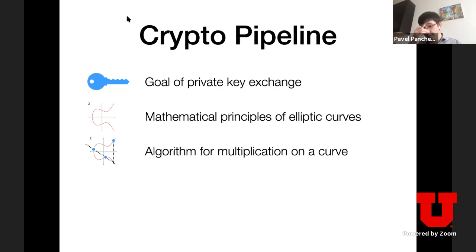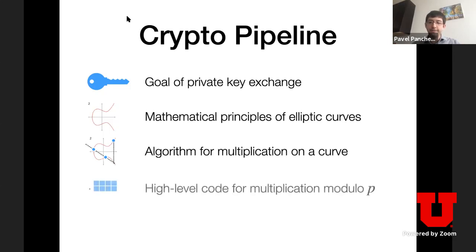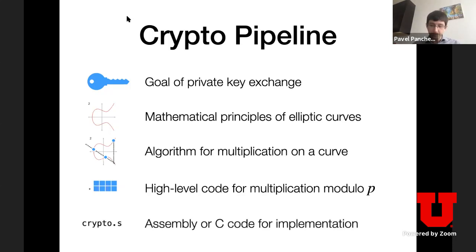These principles rely on a specific algorithm for doing multiplication of points on a curve. This algorithm is implemented by some high-level code for multiplication of large integers modulo a prime. And this high-level code is represented on your machine by some low-level assembly or C code that implements that high-level multiplication idea. Fiat crypto focuses on not all of these steps, but some of them.